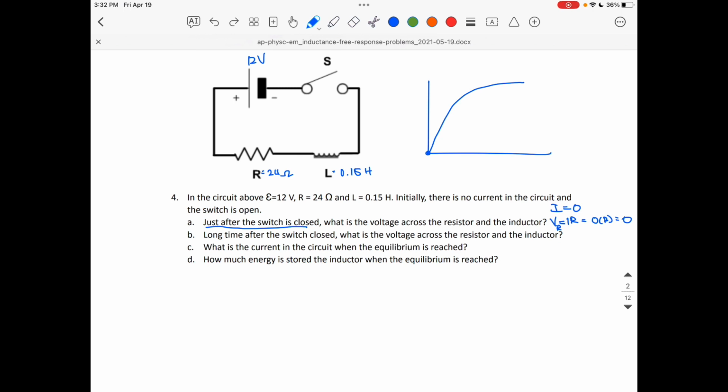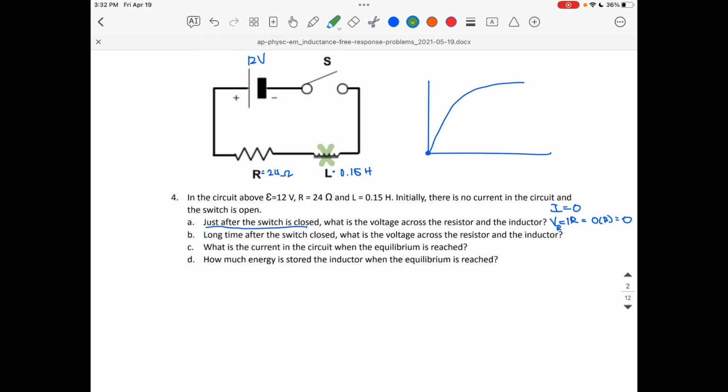For part B, a long time after the switch is closed, what's the voltage across the resistor? After a long time, we look at the inductor as if it's just a wire, so it doesn't cause any resistance and it doesn't have any potential difference as the current goes through it.